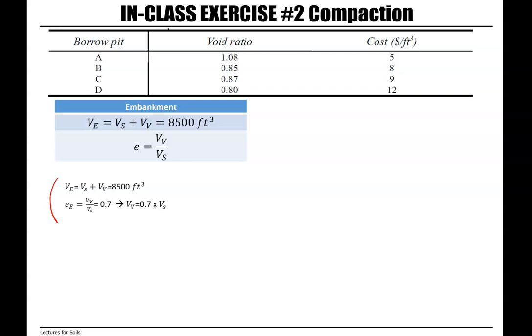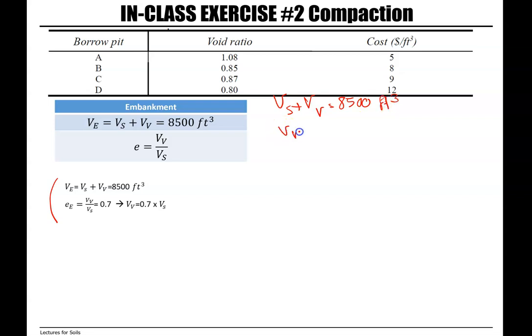This is very similar to when we wanted to calculate volume of solids and weight of solids and weight of water in a previous example. We have 2 missing parameters and 2 formulas. So we have volume of solids plus volume of void is 8,500 cubic feet.